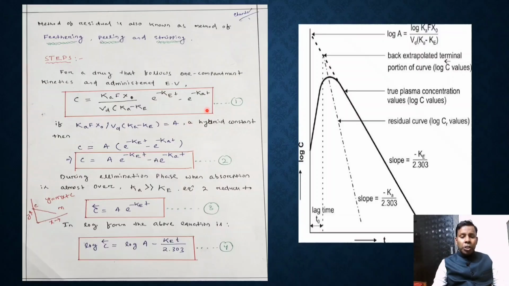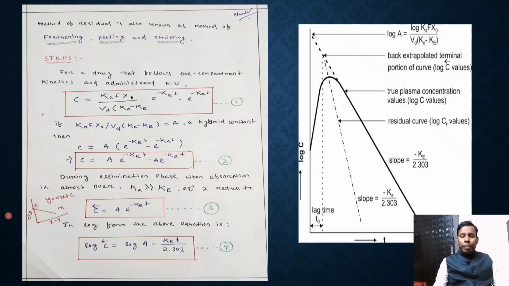So this equation 1 will become C is equal to A into (e to the power minus Ket minus e to the power minus Kat). If you open this bracket, it will be C is equal to A e to the power minus Ket minus A e to the power minus Kat. Let this be equation number 2.